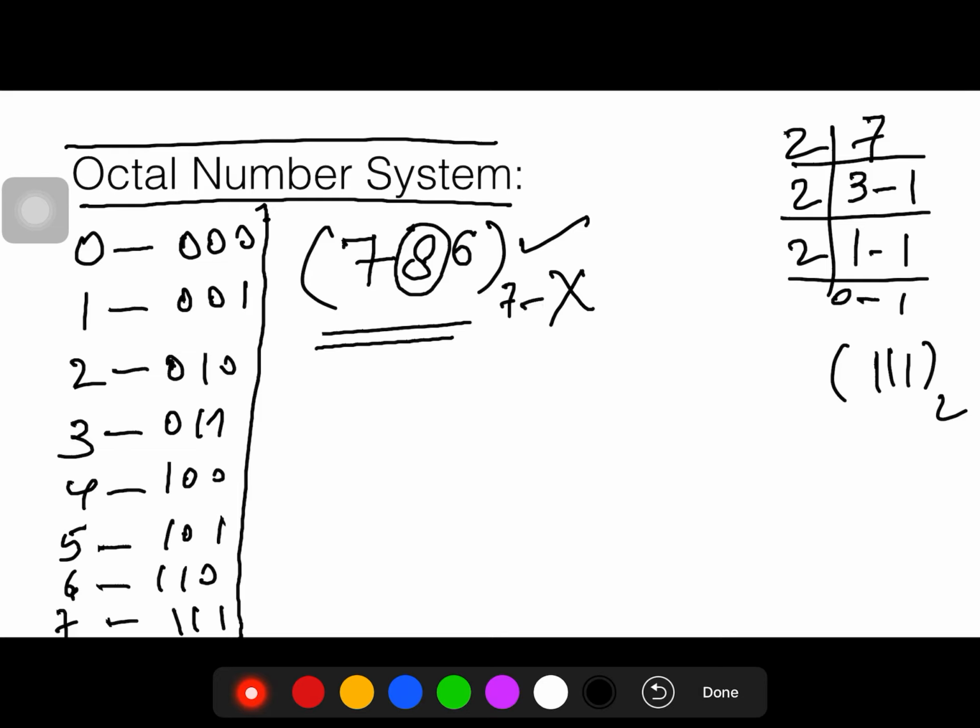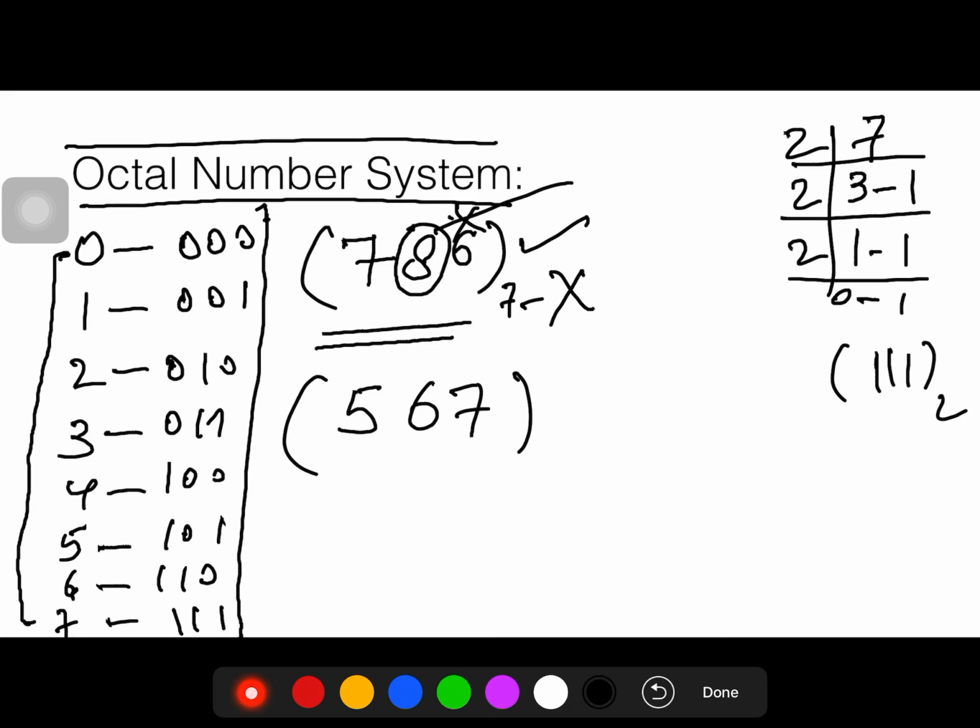No, this is not a valid octal number because 8 cannot be present in an octal number. In order to write a proper octal number, you must see that only these digits can appear in any octal number. We can have this number, but we can't have this number because 8 cannot be present in the octal number.